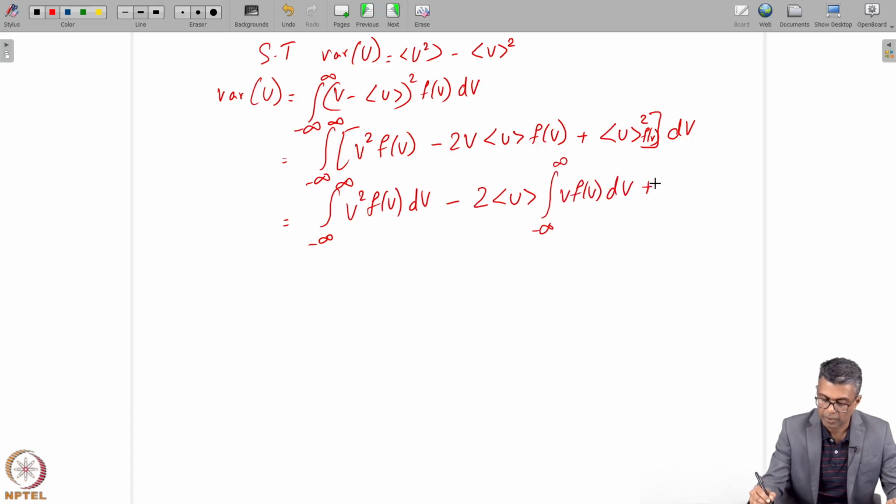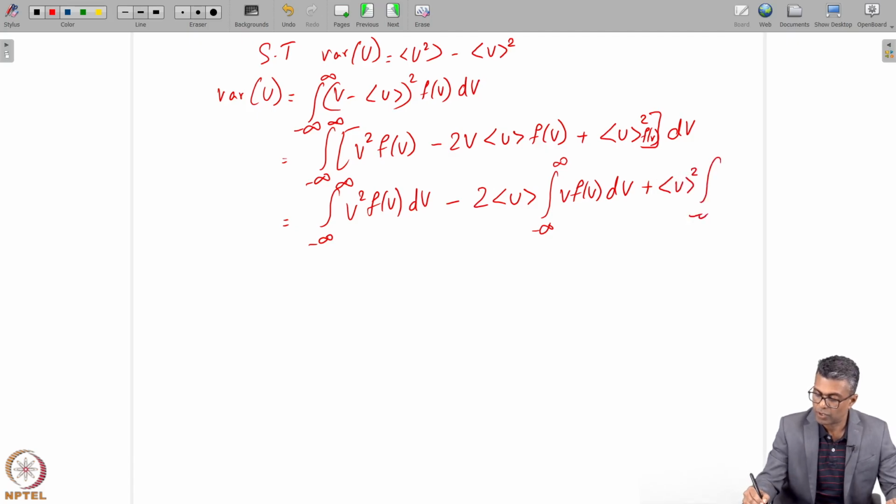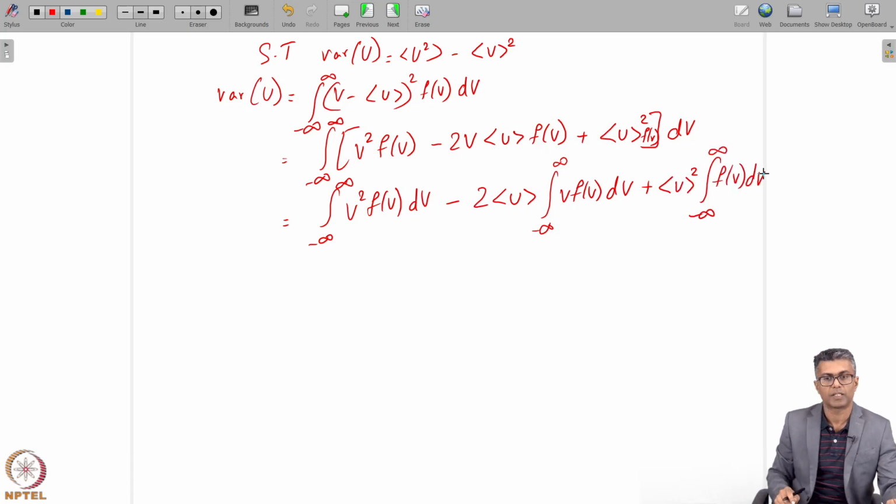For the third, I take the U mean out because it is a constant, so that is U mean squared times the integral of f of v dv.